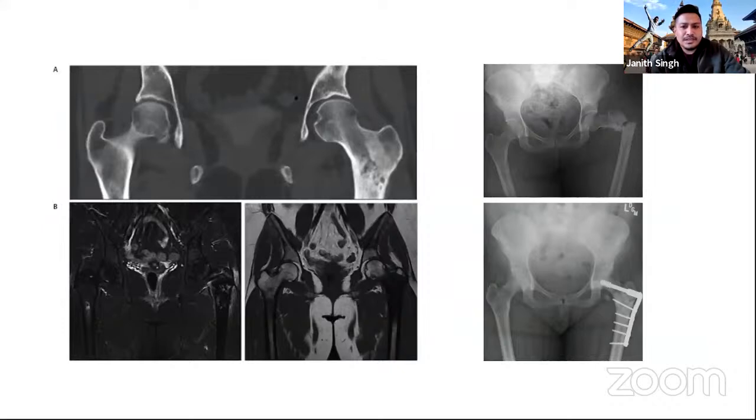So this is, I think, a case report from Harvard in which this lady had whole body radiation before bone marrow transplant for AML. And she went on to develop this sclerotic looking lesion in her left subtrochanteric region, and it was biopsied.